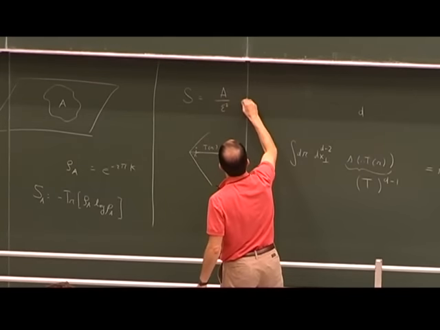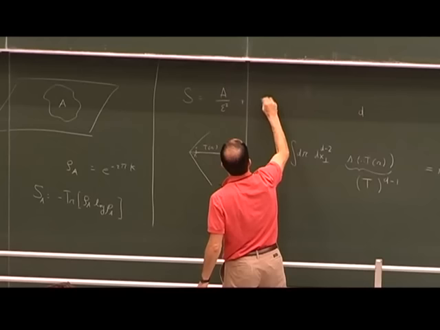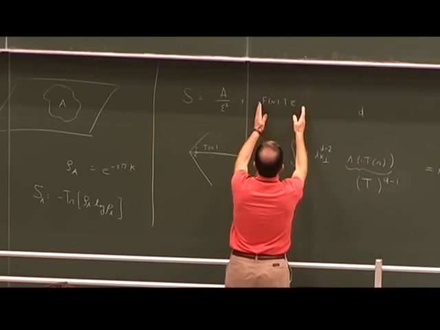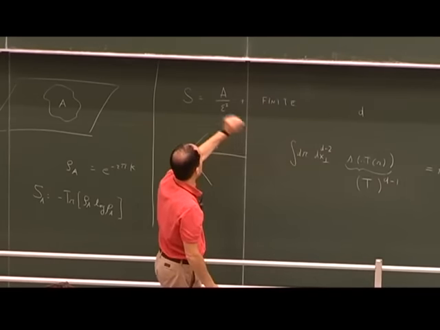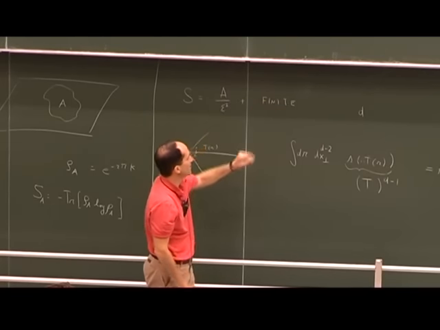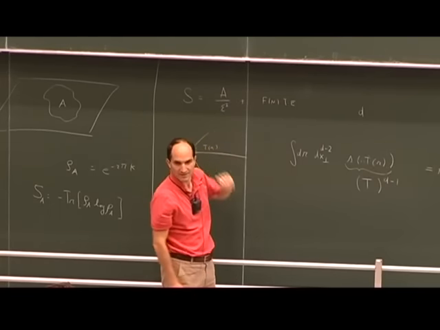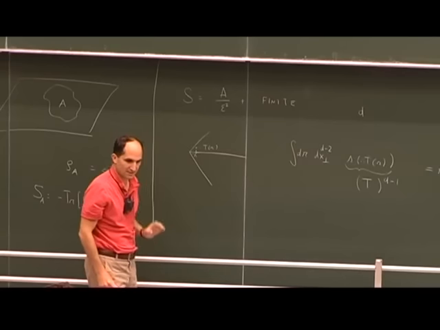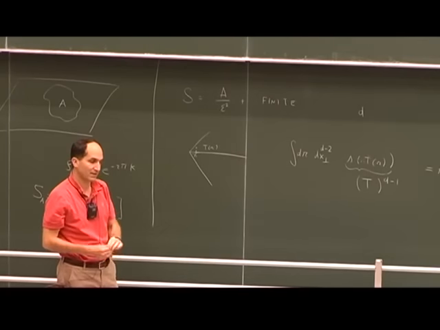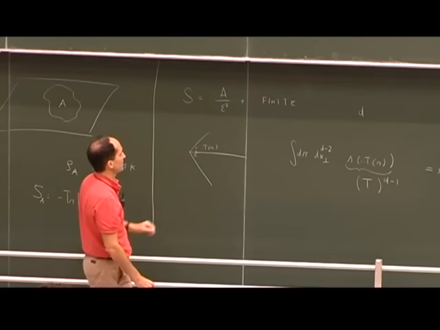There are some finite pieces remaining here, and much of the progress has been made by focusing on these finite pieces. I will not discuss that. So that mainly is for applications to quantum field theory. If you're interested, I could discuss those.